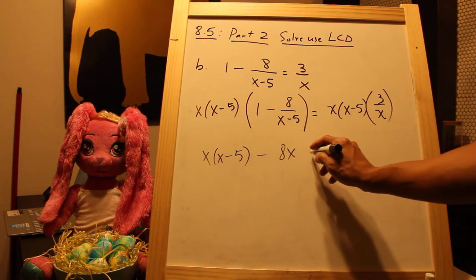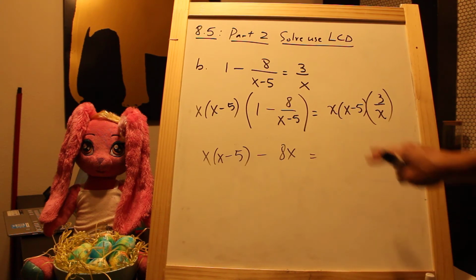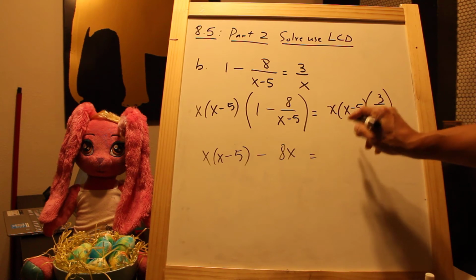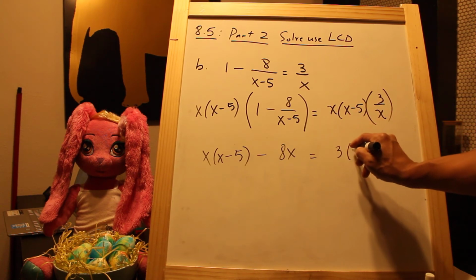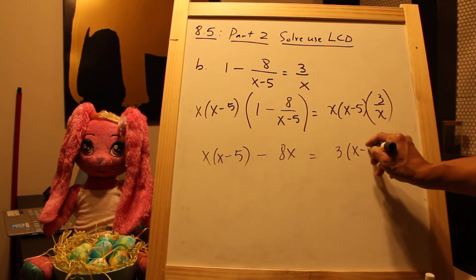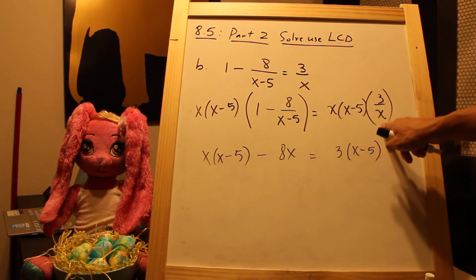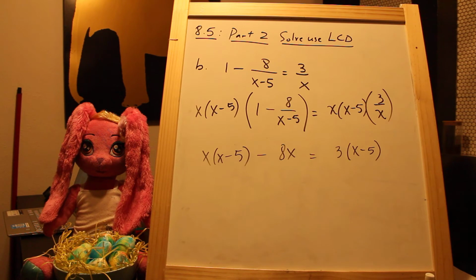Then on the other side, I'm going to distribute the x times x minus 5 times 3. Well, what's going to happen is that I'm going to only be left with 3 times x minus 5, because the x will divide out with this x over here.